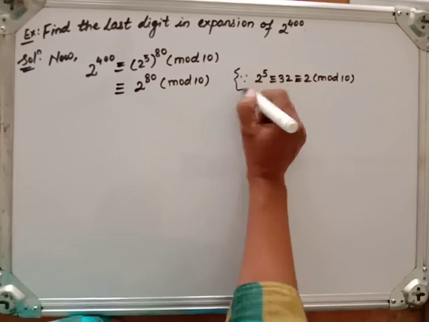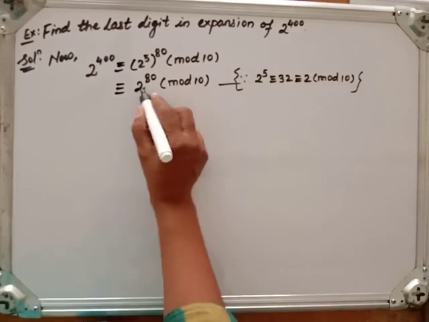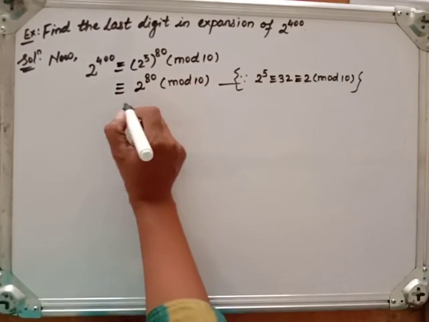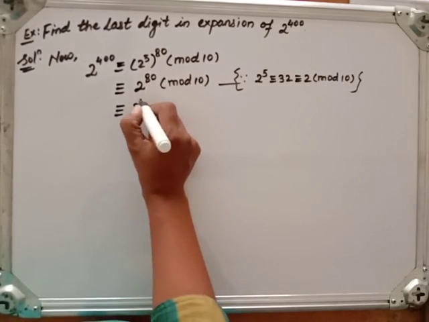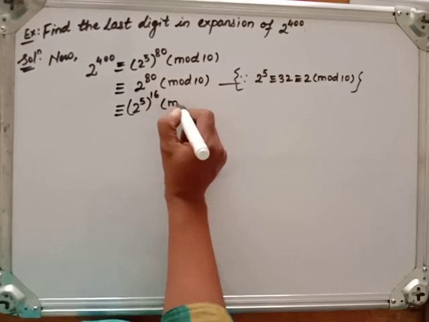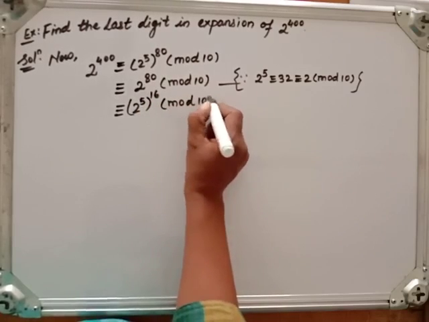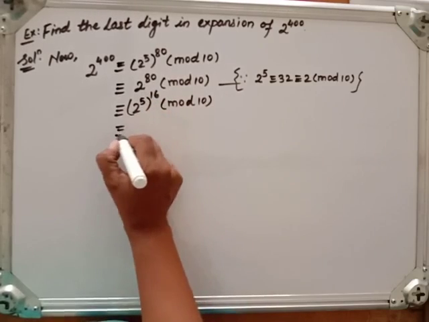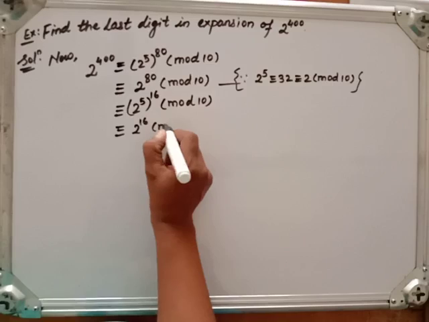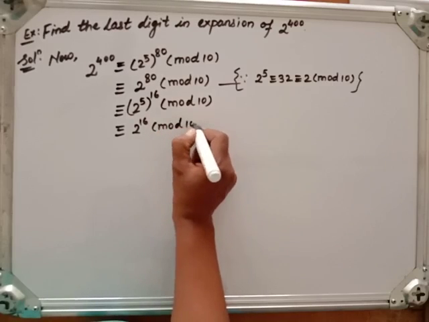This is the reason for this step. That's why 2 raised to 5 can be written as 2 raised to, it will be 80. Again this is 2 raised to 5 raised to 16 modulo 10. Again this 2 raised to 5 will be what? 2. So 2 raised to 16 modulo 10.